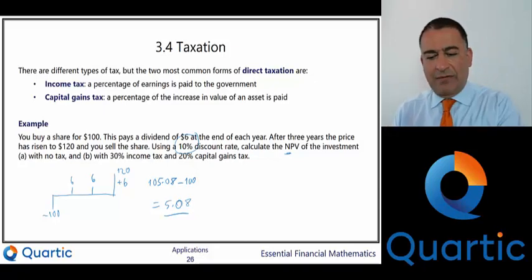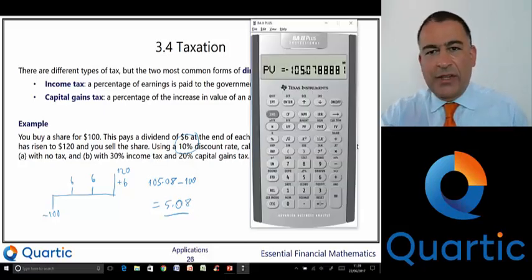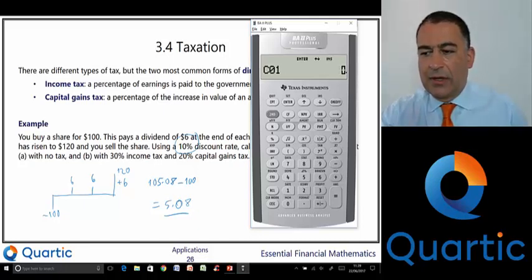So for the net present value, I'm going to use the cash flow function this time. So second clear work, CF0 is minus 100, C01 is 6, down, down, C02 is 6, down, down, C03 is 126.